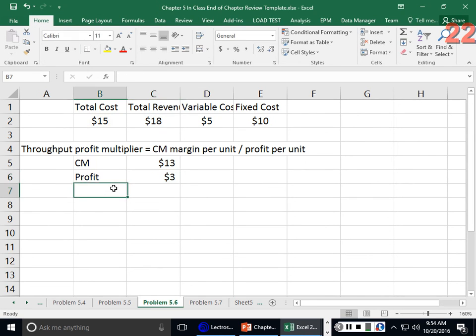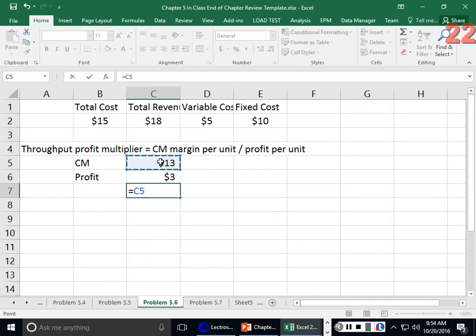Okay? All right? And so that being the case, then I can figure my throughput profit multiplier, which is going to say that it's going to be my contribution margin per unit, and in this case it's per month, right, divided by my profit per month. Okay? So my throughput profit multiplier is 4.333.